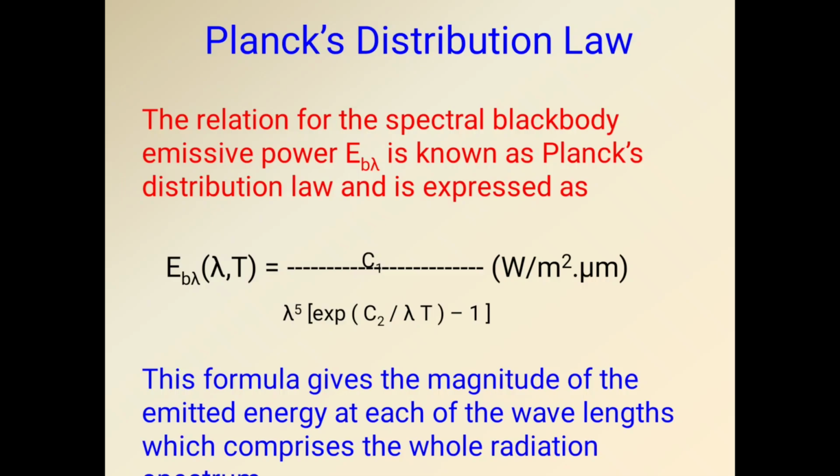The relation for the spectral black body emission power, E_b lambda, is known as Planck's distribution law, and it is expressed by C1 by lambda to the power 5, into exponential of C2 by lambda T, minus 1. This formula gives the magnitude of the emitted energy at each of the wavelengths which comprise the whole radiation.